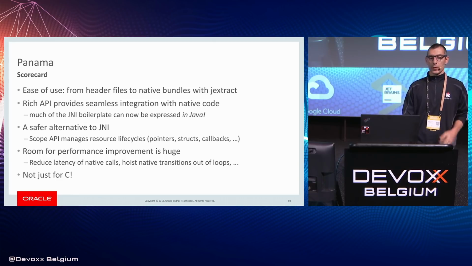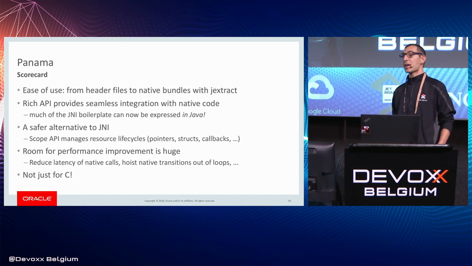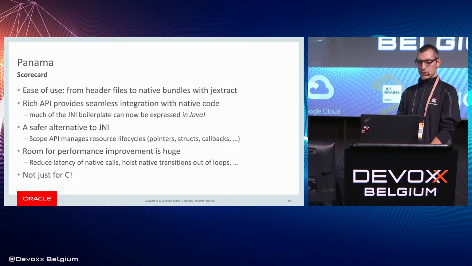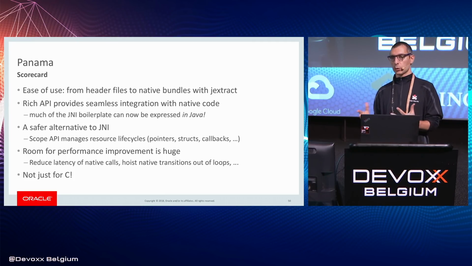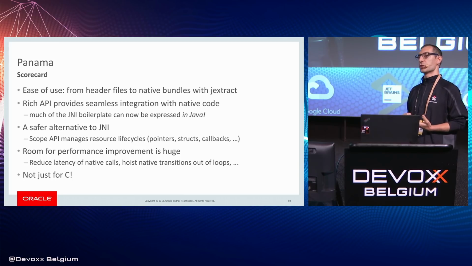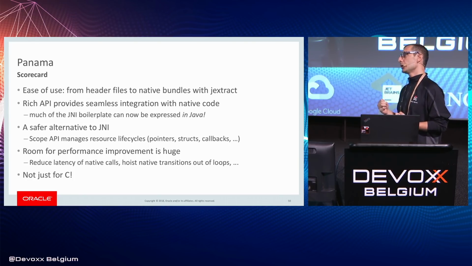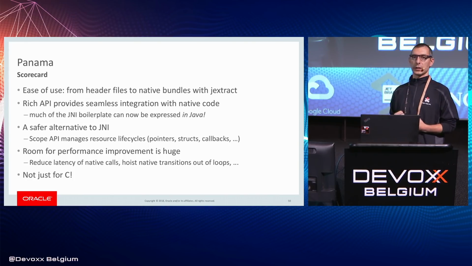So with Panama, we have seen that without native methods, we are able to model all the essence of the concepts in native programming. We are able to point a tool called jextract and get a bundle of annotated interfaces back that we can just use without any extra step in the middle. It is a safer alternative to JNI, because there are a lot of APIs, such as the scope API, that allow you to keep your pointers in check.